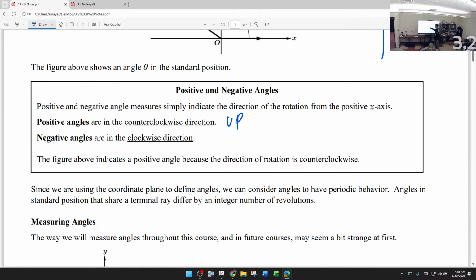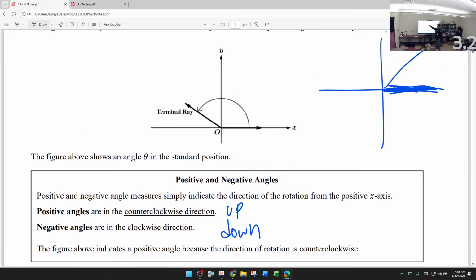I don't know if you guys know about a clock nowadays, it's all digital. Anyway, up and down. The figure above indicates a positive angle because its direction is rotated counterclockwise. The only reason I know that is because the arrow went this way. It could have easily gone this way and been negative.